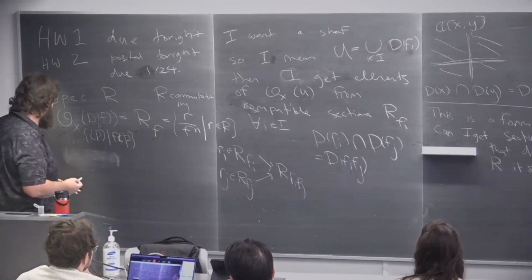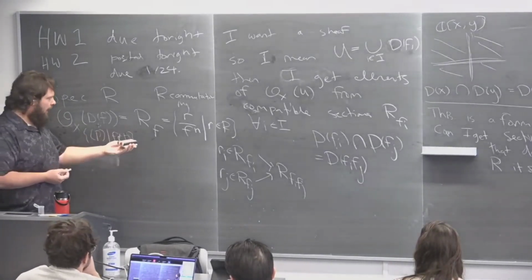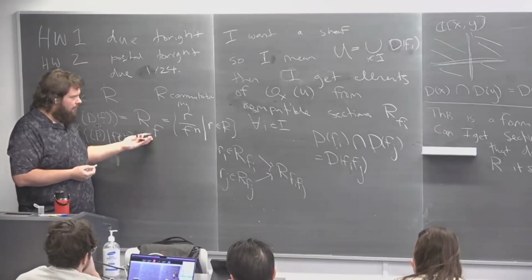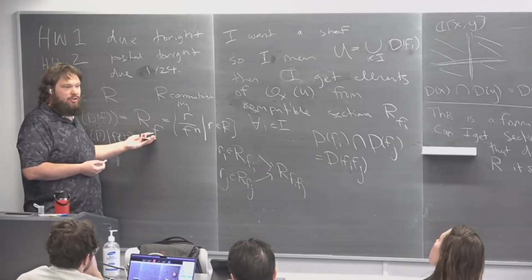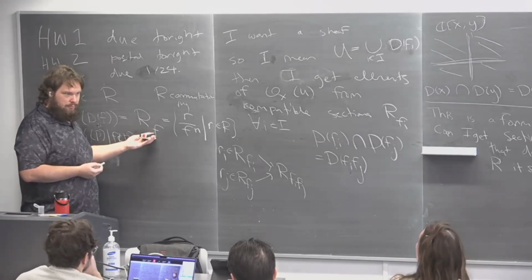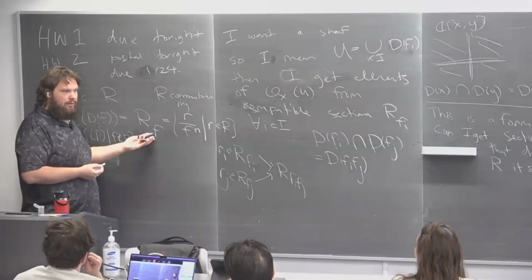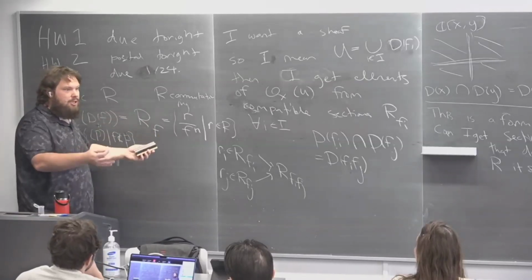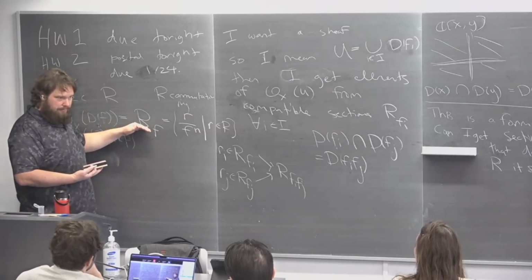One way is I declare this is what I want to happen, and I say, okay, well, these sections exist, and I'm going to make a sheaf where I just say these sections exist and whatever else follows from the sheaf axioms holds. You could imagine using problem 1 on the homework to construct the espace étalé, and saying the sections are continuous sections of this topological space, whatever they turn out to be.